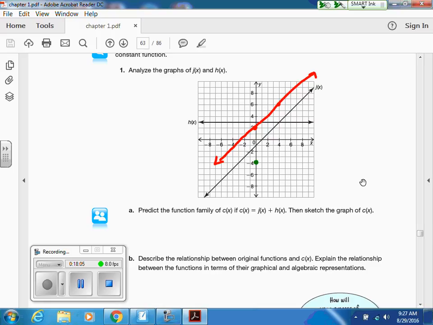And it's still going to be parallel. Like that. Let me ask you a serious question here. Why are these all 3 parallel? Why didn't it change the slope?